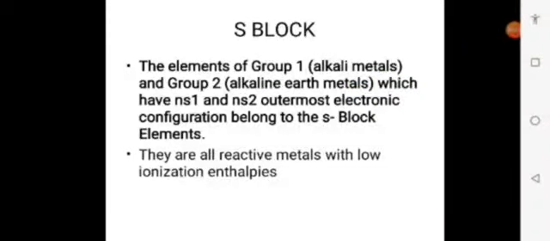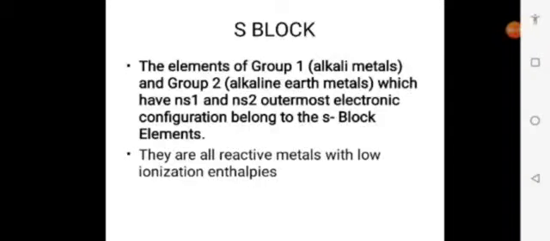So S block elements are classified into 2 subgroups, first and second. The first group is called alkali metals, and the second is called alkaline earth metals. The first group means the last electron enters the s shell.